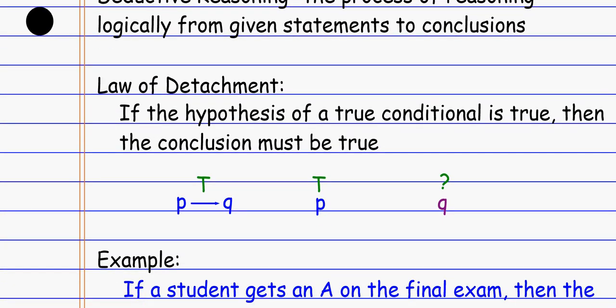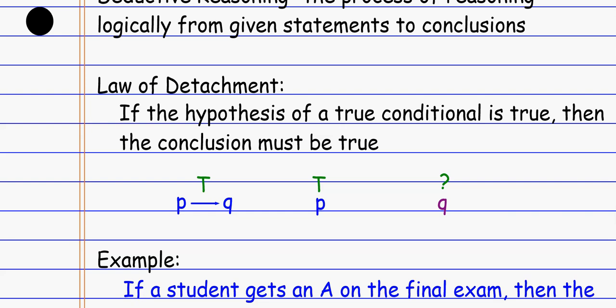If the hypothesis of a true conditional statement is true, so an if-then statement that we know to be true, and we know that the hypothesis is true, I can now conclude that the conclusion must be true. Because there's only one scenario where an if-then statement is false, and that's if I start with a true statement and it ends with a false statement.